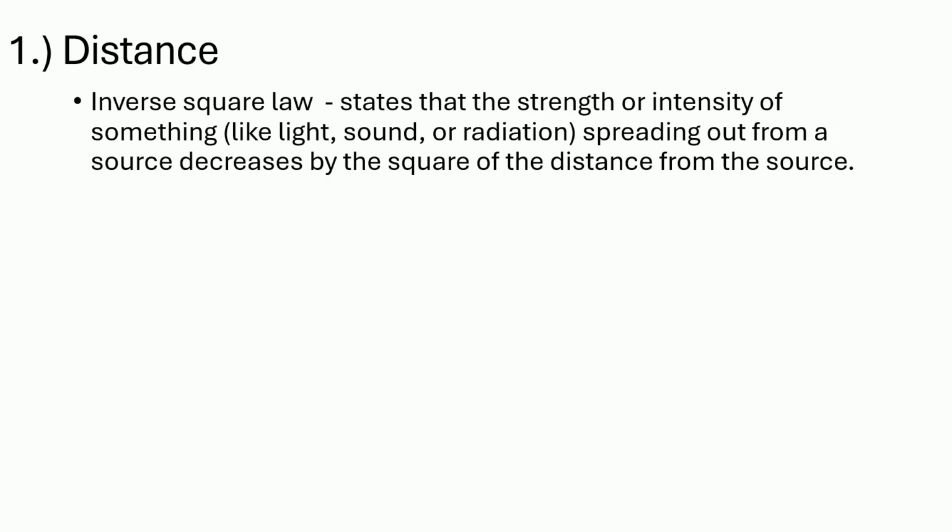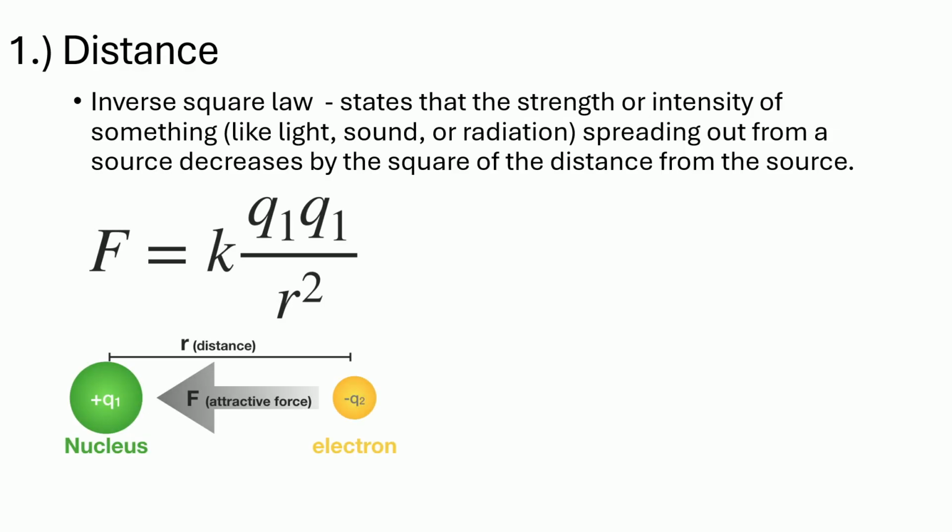First is the distance. We have a universal concept known as the inverse square law, or in simpler terms, the greater the distance, the lesser the attraction between particles or radiation.